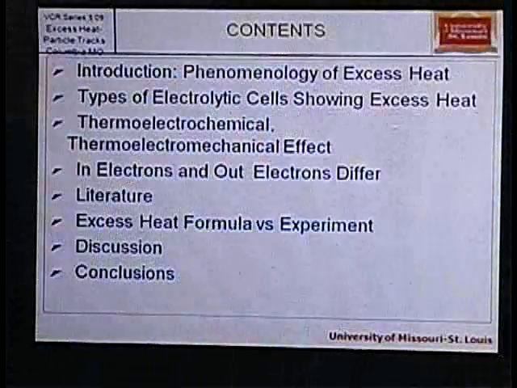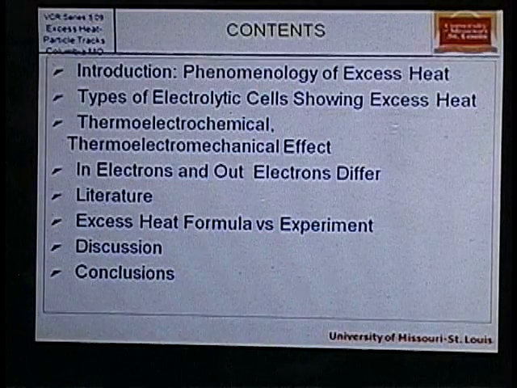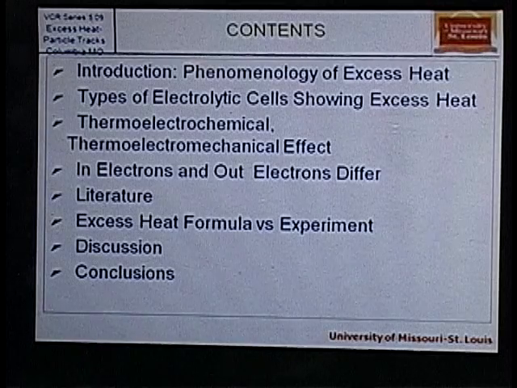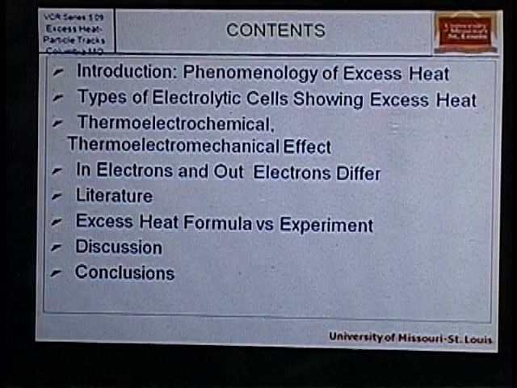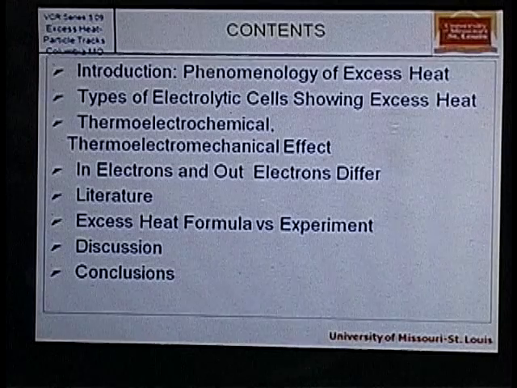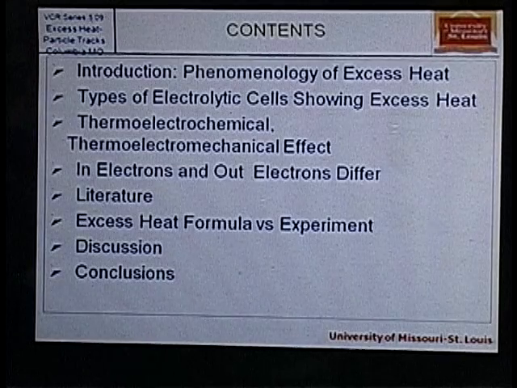So we'll discuss the phenomenology, the types of these two effects, particularly the first one I'm going to discuss in this talk, give the excess heat formula and compare it with the experiment. See also the literature a little bit. All right.